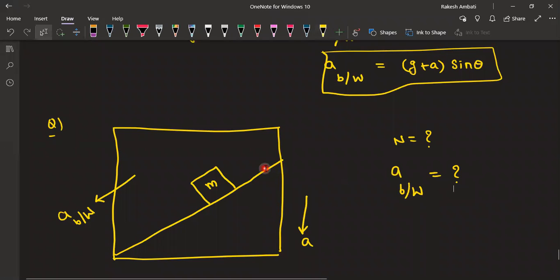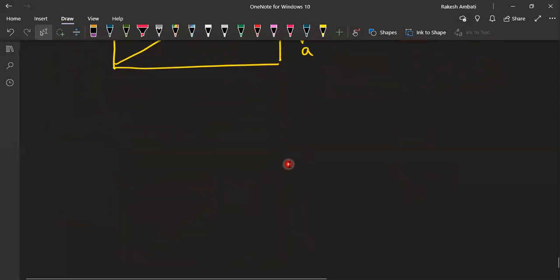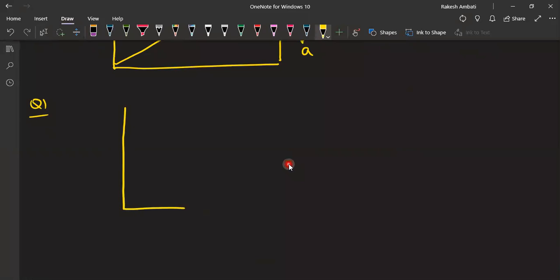Next question. So for example, it is a wedge and theta is the angle. On the wedge, we kept a block of mass m.